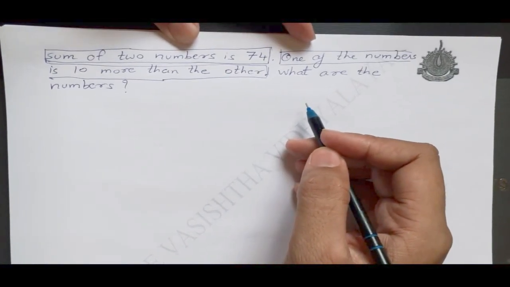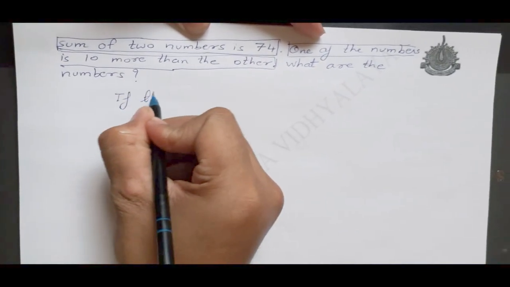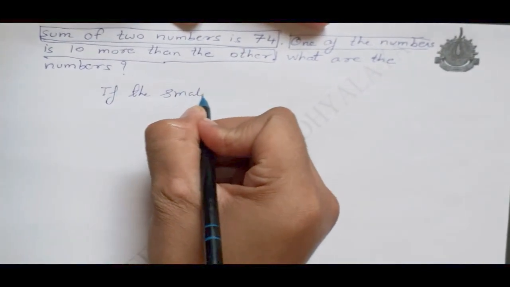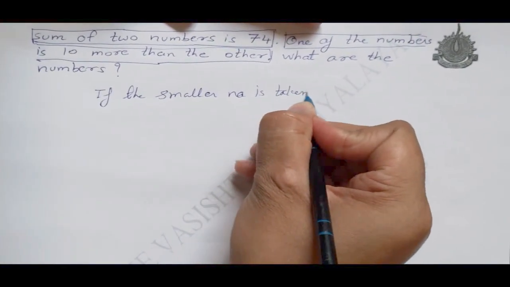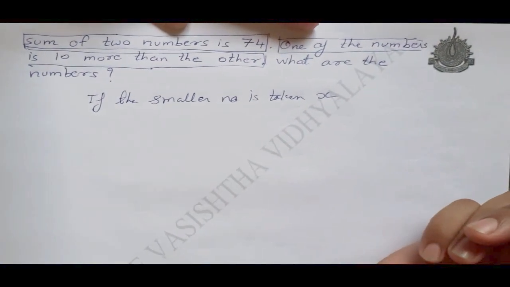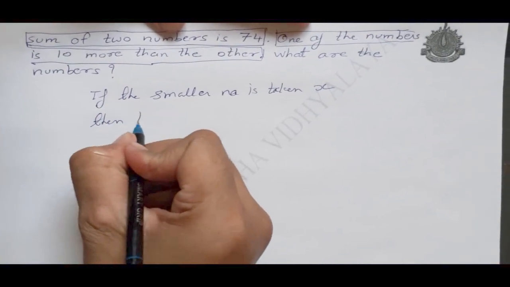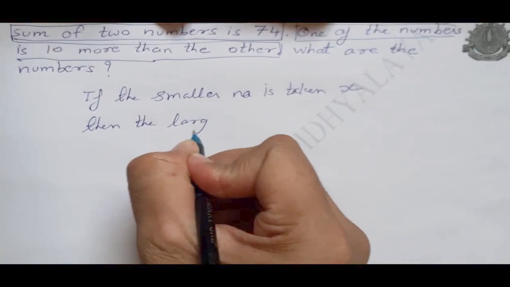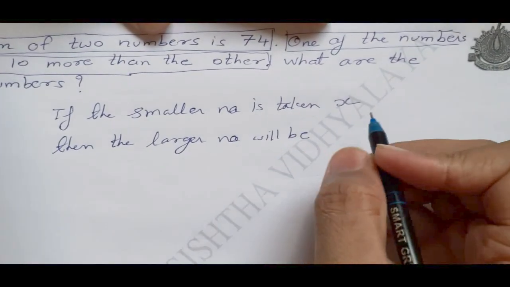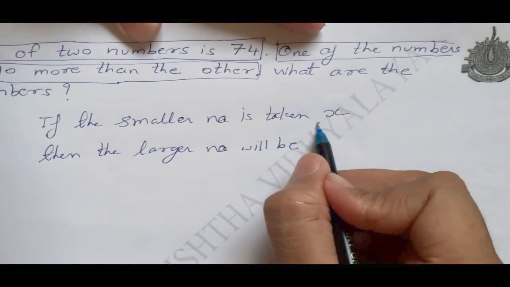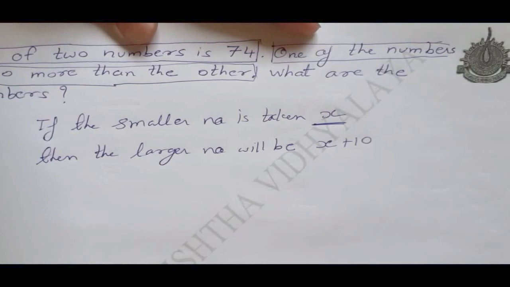If the smaller number is taken as x, then the larger number will be 10 more than this number, it means x plus 10.